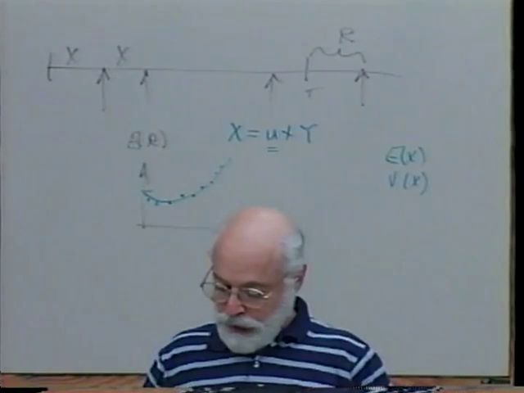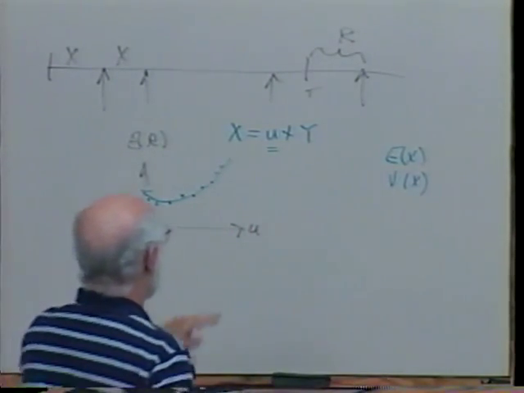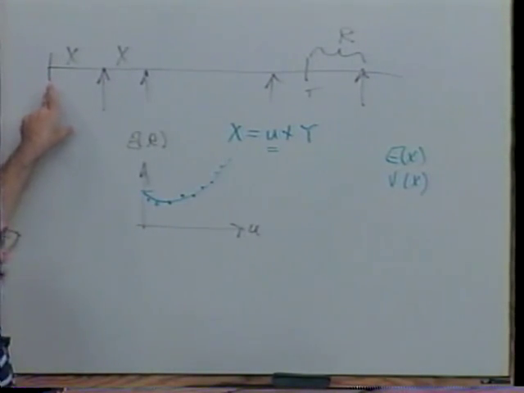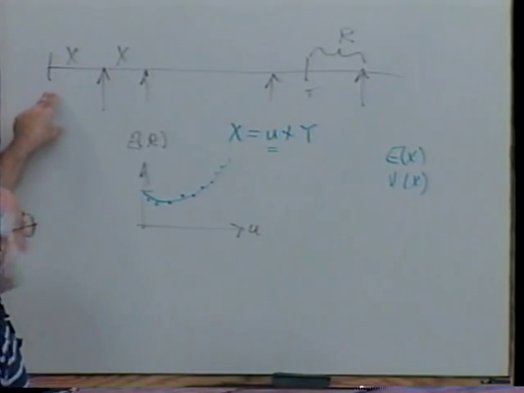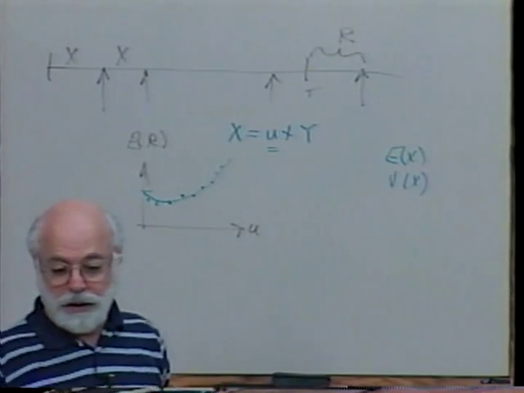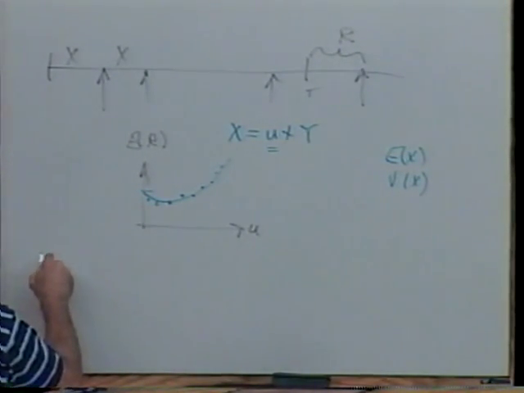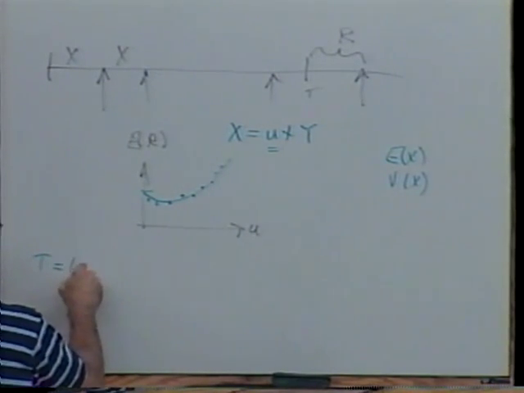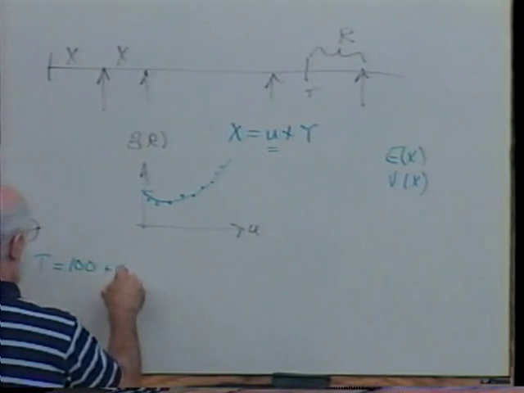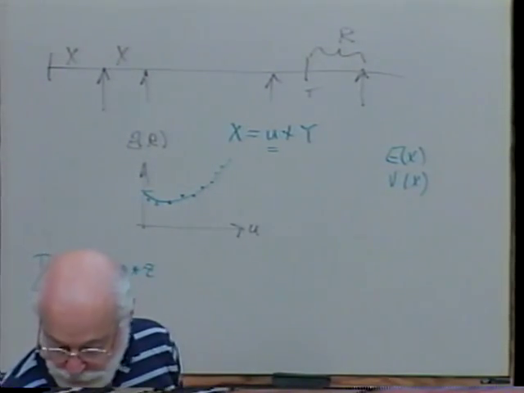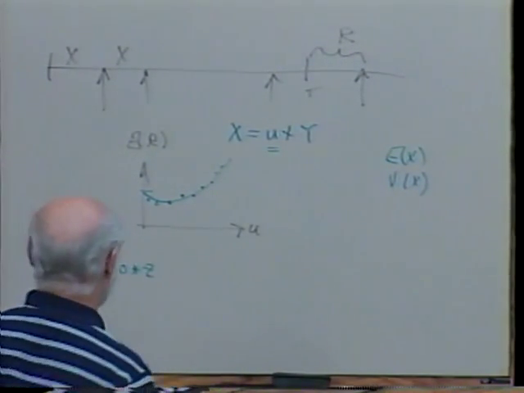Now, this value of t has to be far enough away from here to be in equilibrium. So what I said was take t to be 100 plus 10 times z, where z is an exponential random variable with average 1.